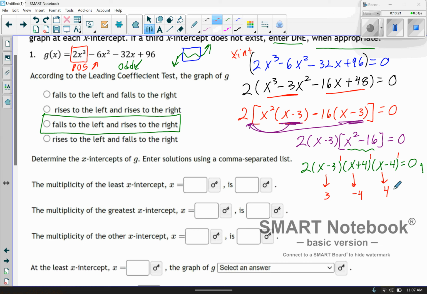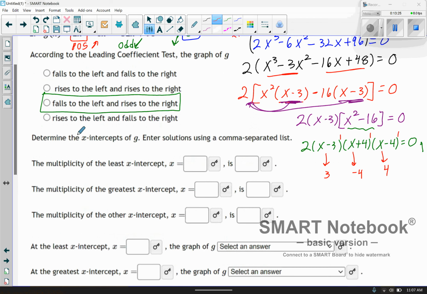And so be careful, make sure you read these directions, but the way they want us to put this in is it wants us to enter the multiplicity of the least x-intercept. What they mean is the smallest value here, which is going to be negative 4. So think of a number line. On the number line, negative 4 would be here, then we'd have 3, and then we'd have 4.